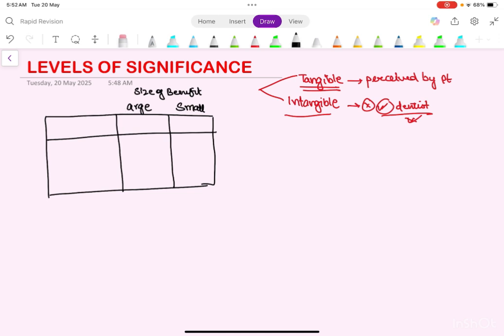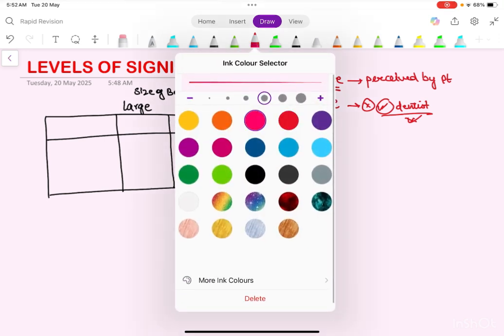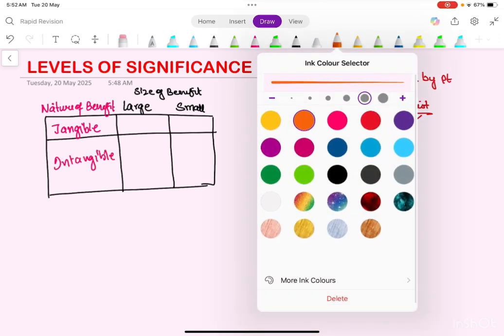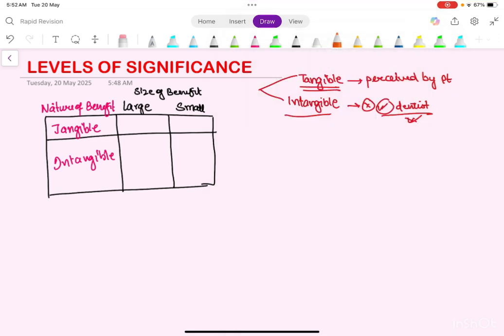So this is large, and this is nature of benefit. It can be either tangible or intangible. So when it is tangible and large, it is called level 1. When it is tangible and small, it's called level 2. When it is intangible but large, it's called level 3. And when it is intangible as well as small, it's called level 4.